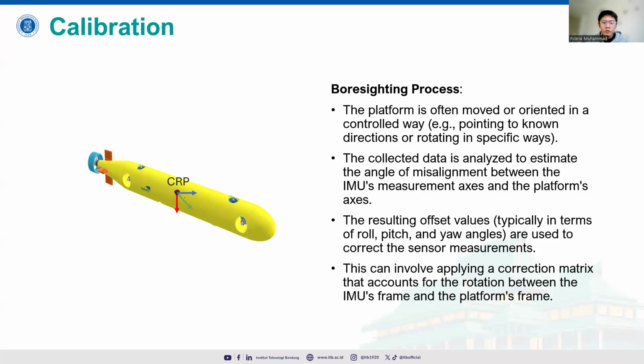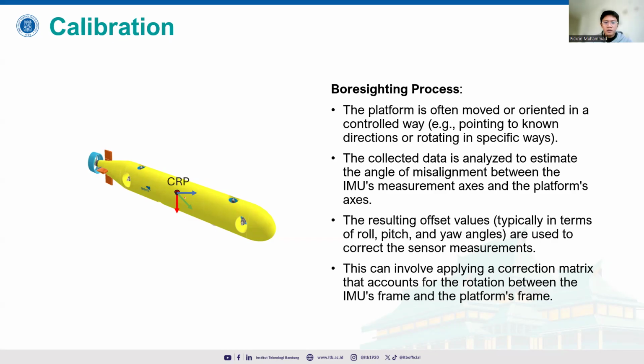So we're moving the AUV towards 3 axes, and then the collected data from this movement can be analyzed to estimate the angle of misalignment.